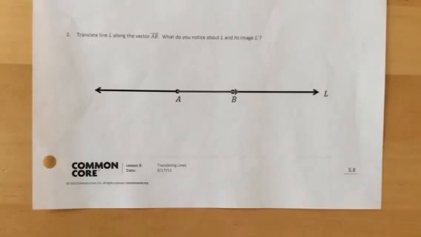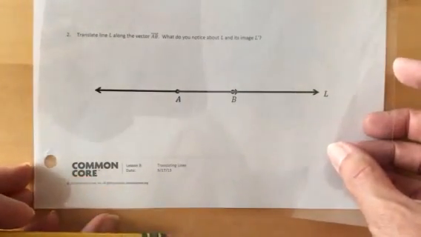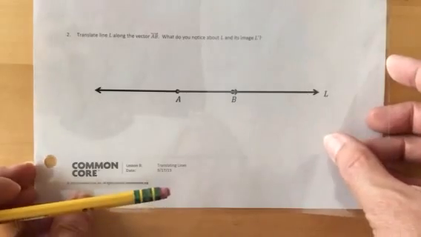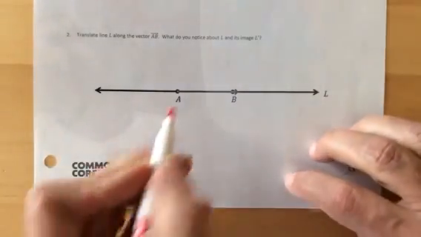All right, exercises 2, 3, and 4 give us three different cases of translating lines along vectors. Let's look at exercise 2 first. For exercise 2, notice that the vector is part of the original line. This is what yours should look like. I'm going to use red whenever I'm tracing my vector.